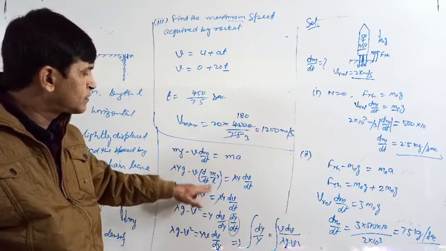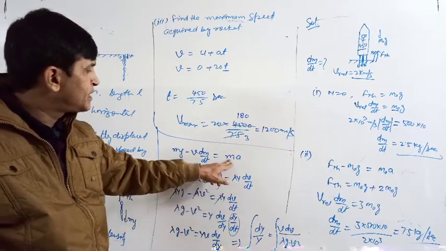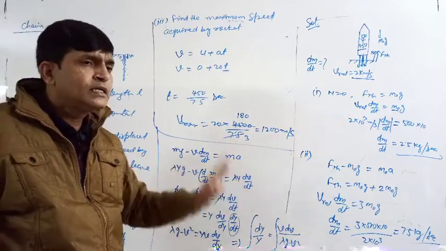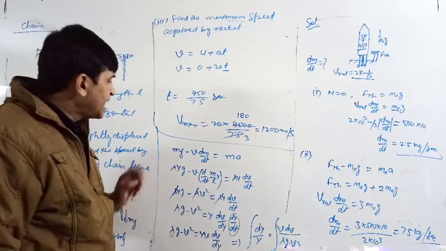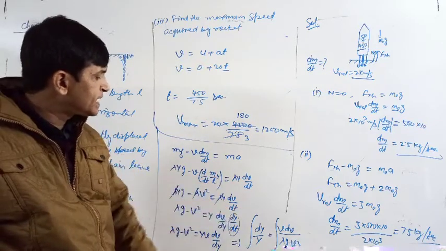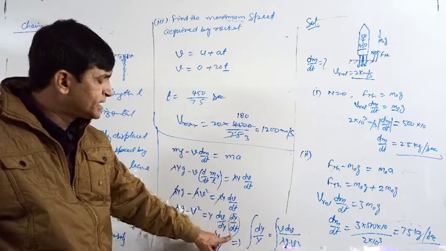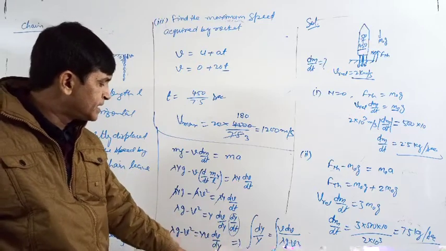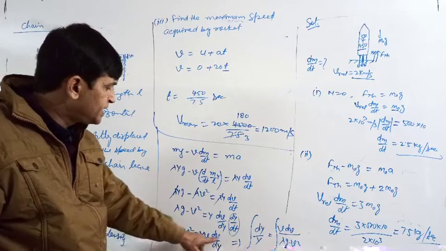Lambda into v square, one v and one v here, equals lambda y, the same mass, times a, the acceleration dv by dt. Lambda cancels. dv by dt is further written as dv by dy into dy by dt, and dy by dt is velocity. So lambda v dv by dy. Now dy goes to that side, by y, and v dv by this.